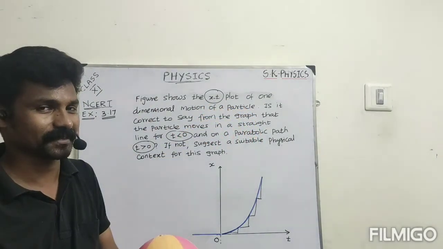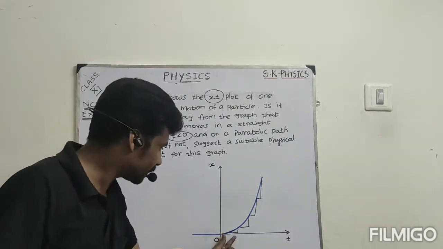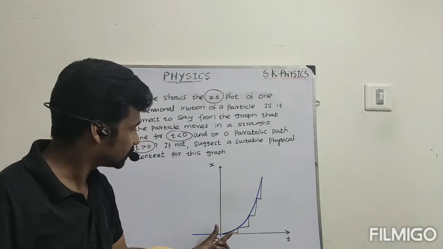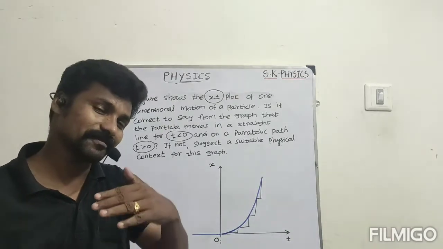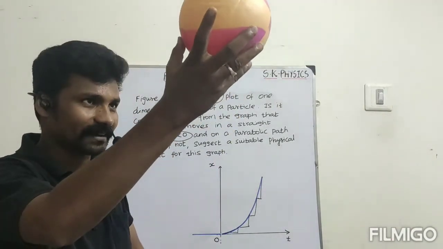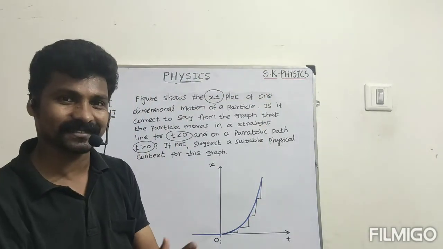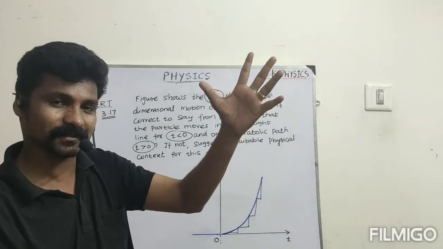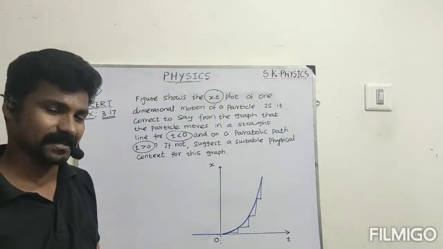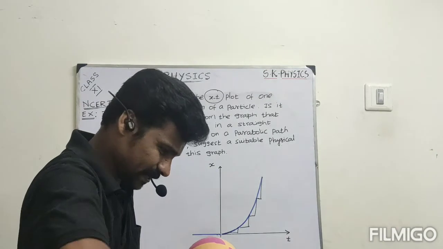In equal intervals of time, it will cover unequal paths. The path value will be high because of the action of gravity. The acceleration is 9.8 meter per second square, so the speed will be increasing.